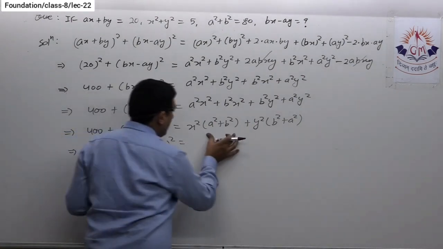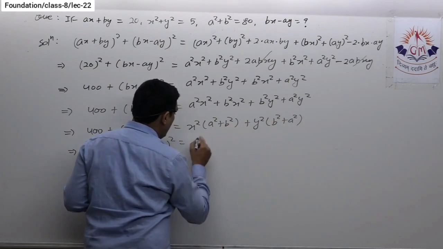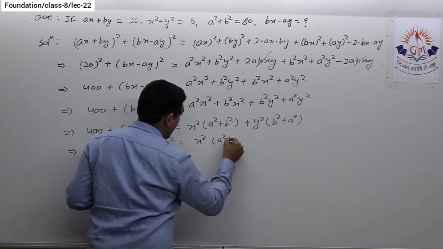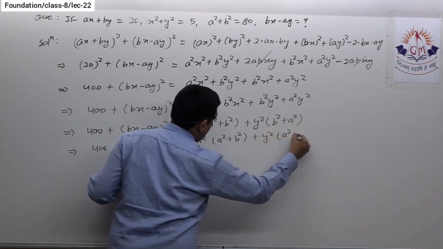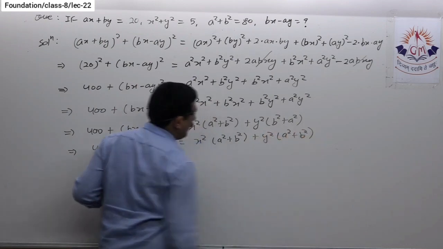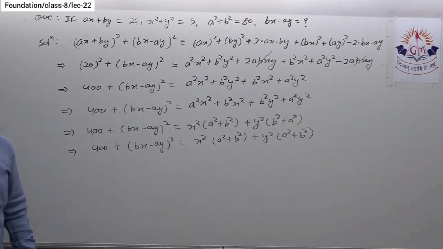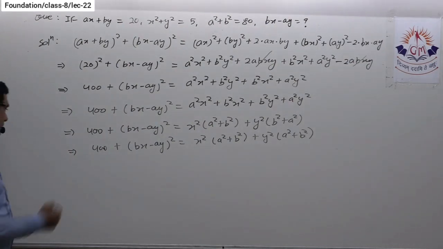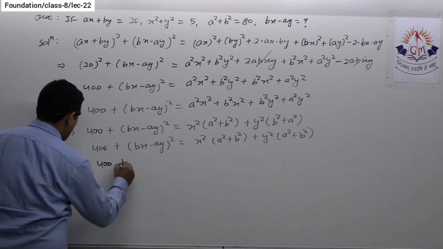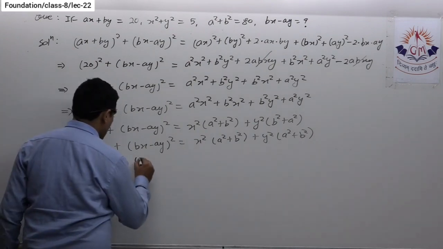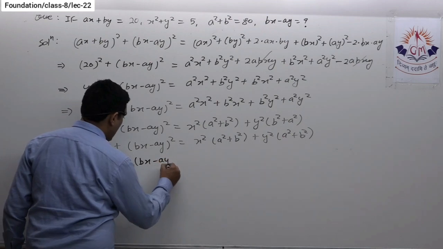Simply now this is a square plus b square, and here again I have a square plus b square. So further I can take that a square plus b square common.